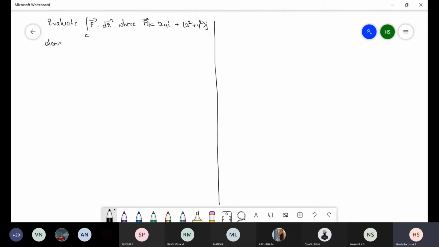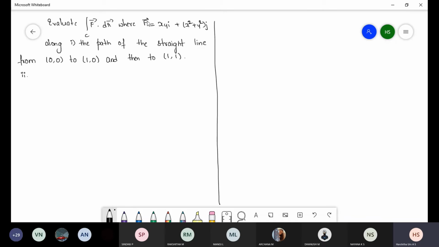Along first the path of the straight line from 0, 0 to 1, 0 and then to 1, 1.